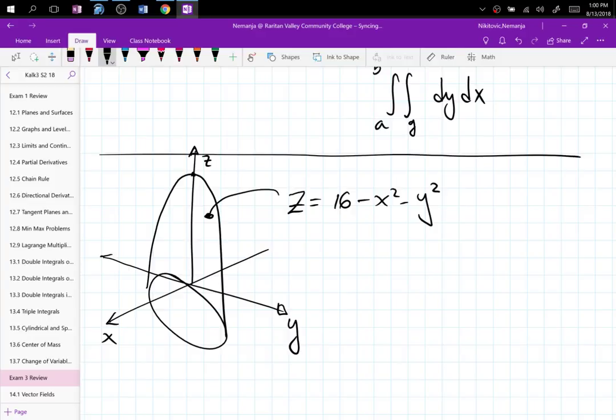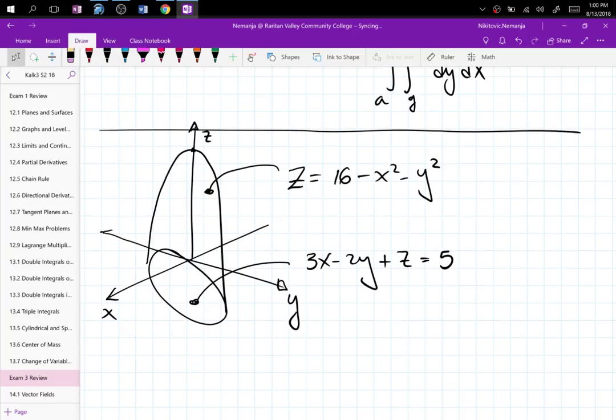That is your top, and the bottom is some kind of a plane, let's say 3x minus 2y plus z equals 5. Then you have to figure out the domain. Obviously, this is going to be terrible. Don't try to do this problem, because I tossed in anything, which means that finding the domain, when you set these two equal to each other, is probably going to be terrible.